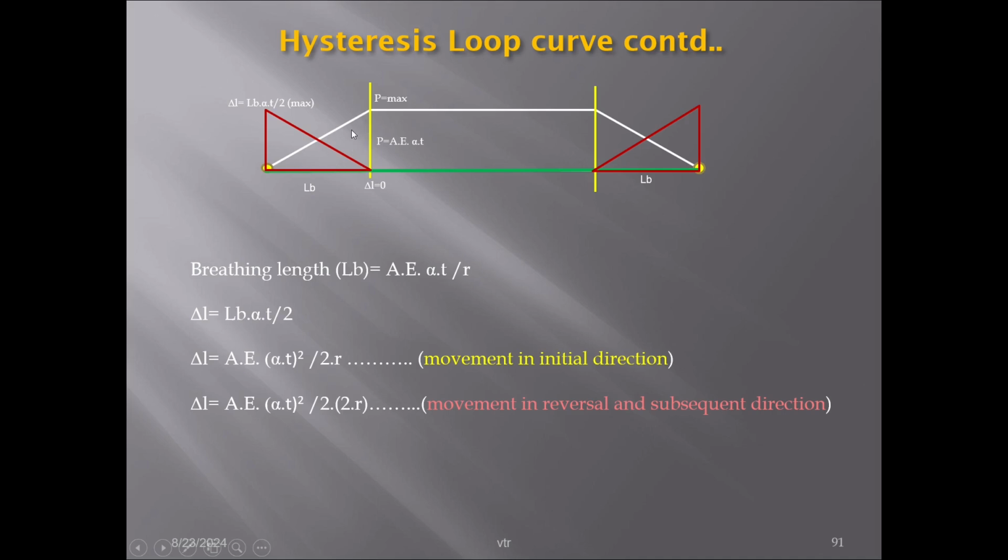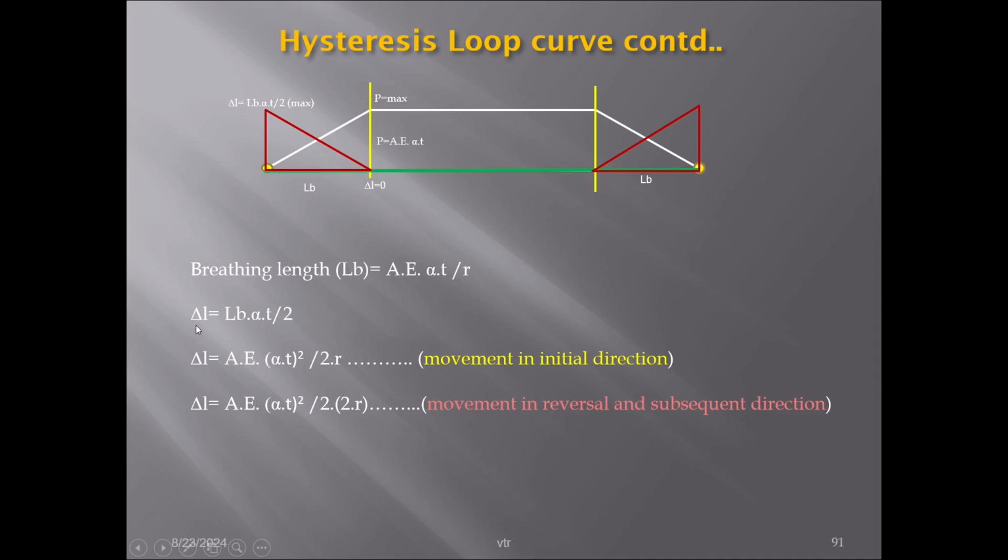Here you can see the force diagram is triangular. It is 0 at one end and maximum at the other end, and vice versa. Where the force is maximum, delta L, the expansion or contraction, is 0, and at the other end it is maximum. Because of this, we can conclude that our expansion and contraction will be half of the L alpha T we have in a plain rod.